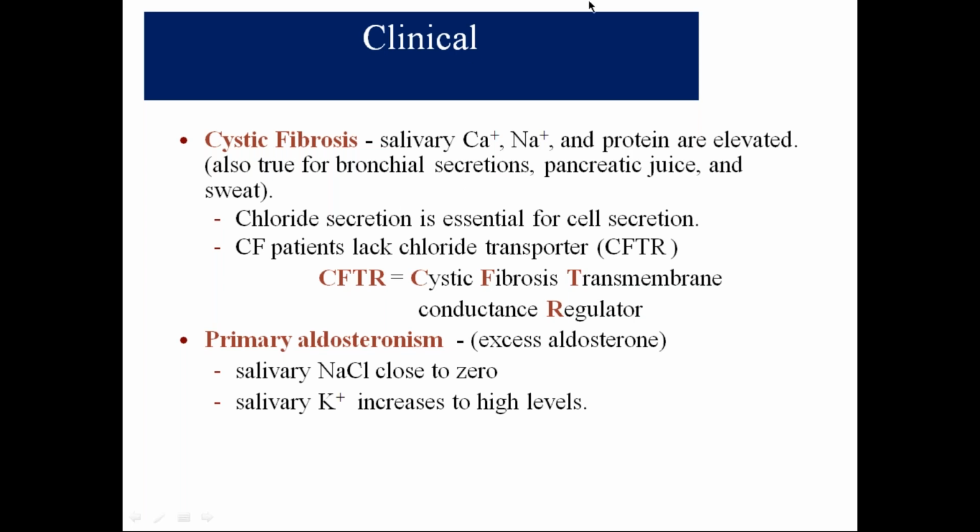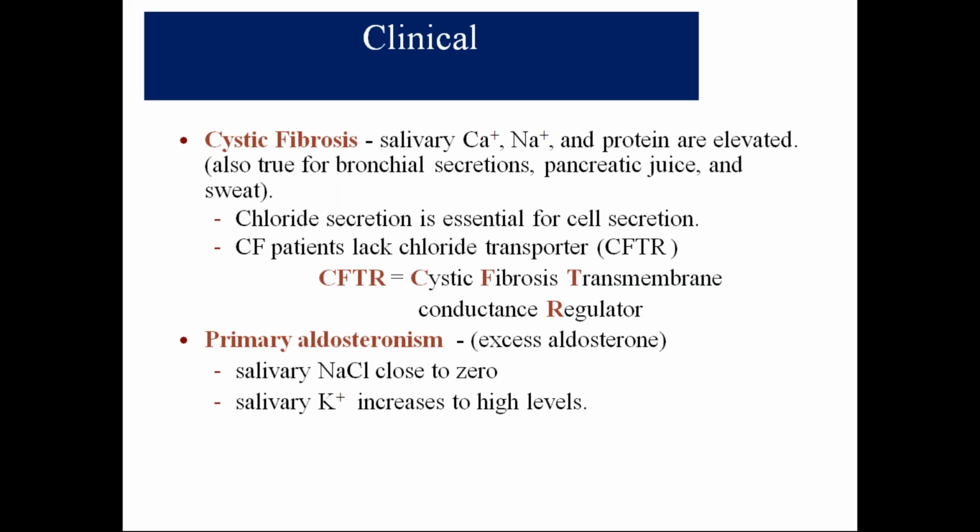Another condition which can affect the composition of saliva is primary aldosteronism. The aldosterone hormone is secreted from the adrenal. Excess of aldosterone can bring the salivary sodium chloride close to zero, because aldosterone is the hormone which leads to the reabsorption of sodium.